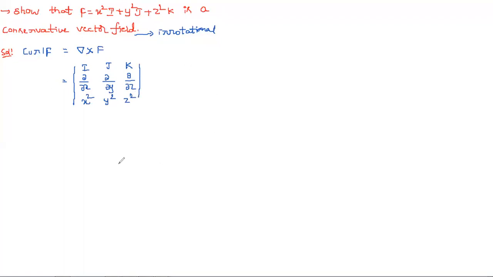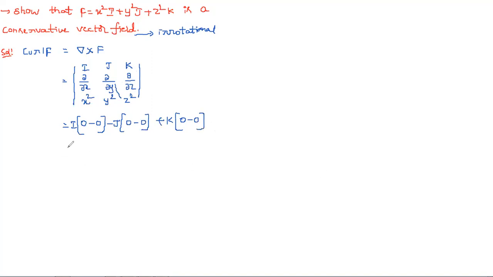So this is equal to i into, just apply the derivatives. Dou by dou y of z square is nothing but 0, there is no y term, and dou by dou z of y square is obviously 0, minus j into dou by dou x of z square is 0 and dou by dou z of x square is also 0, plus k into dou by dou x of y square is 0 and dou by dou y of x square is also 0.